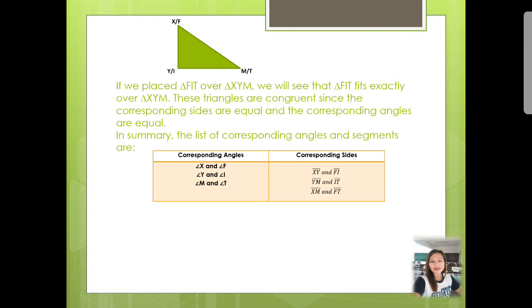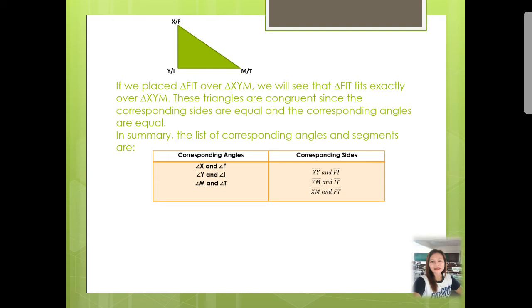In summary, the lists of corresponding angles and segments are: for corresponding angles, angle X and angle F. So they correspond to each other. Another one, angle Y and angle I, as you can see based on the given figure. And the last one, angle M and angle T. So we have three corresponding angles.